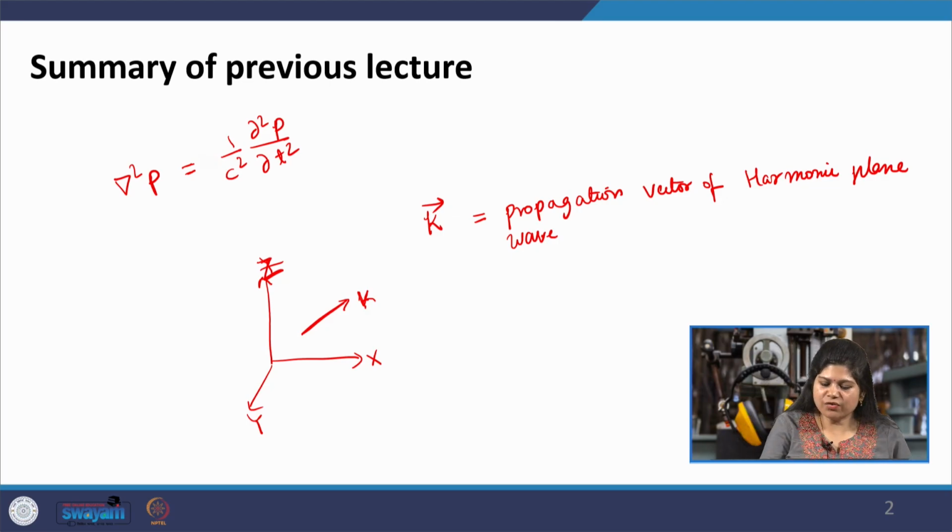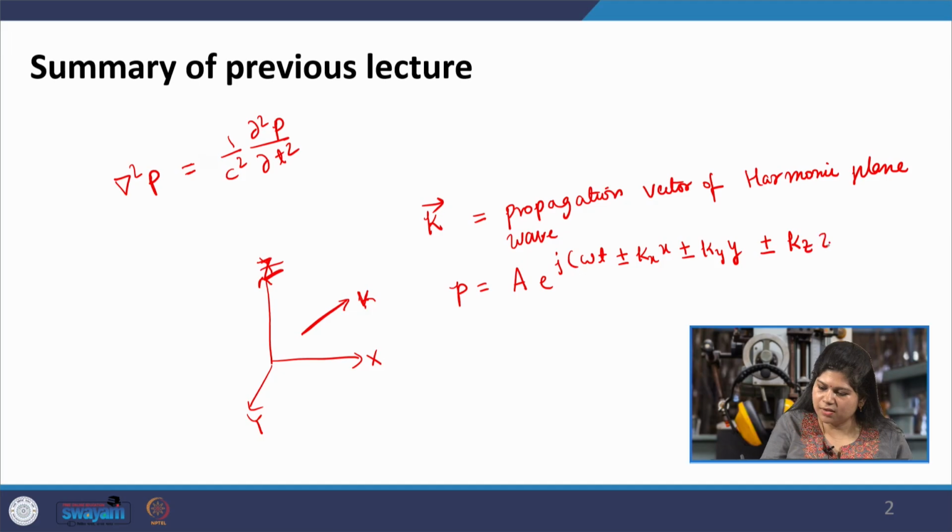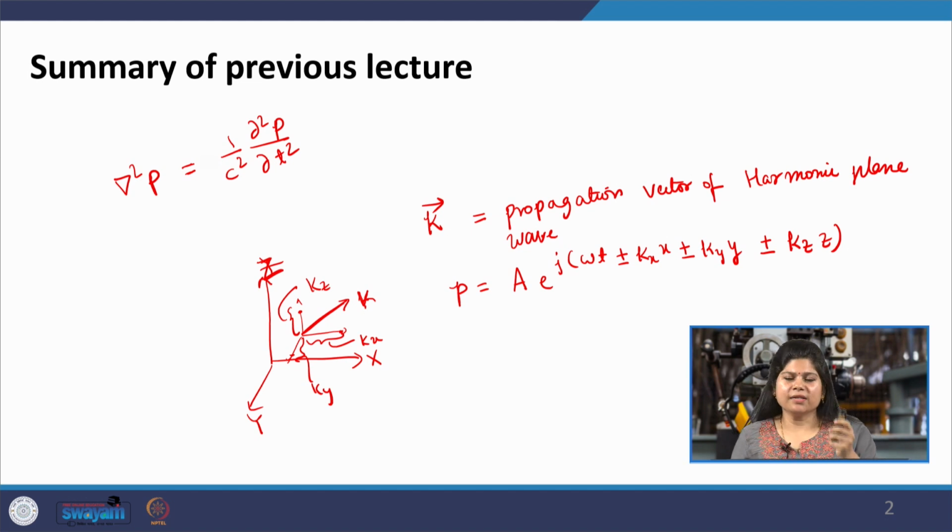for that wave. So, the general solution which we had found was p is A e to the power j (omega t plus minus kx x plus minus ky y plus minus kz z), where kx, ky and kz are the components of the k vector in the x axis direction, y axis direction and z axis direction respectively.